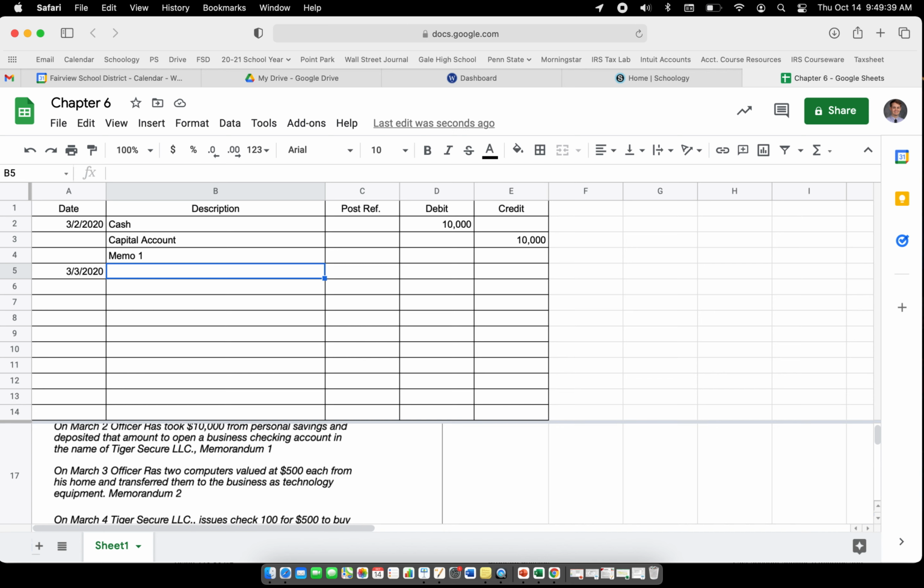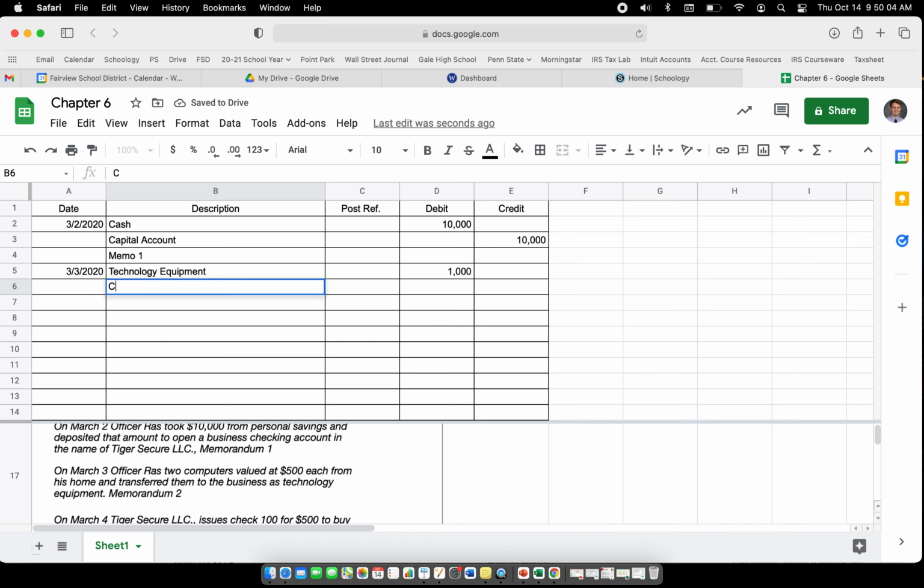So we have the first account is technology equipment, and this one's tricky because we have $500, but it's 2 computers valued at $500 each, so that is a total of $1,000 is debited.